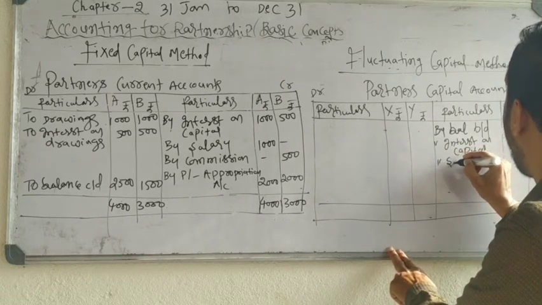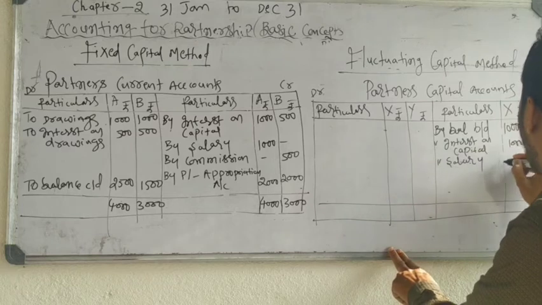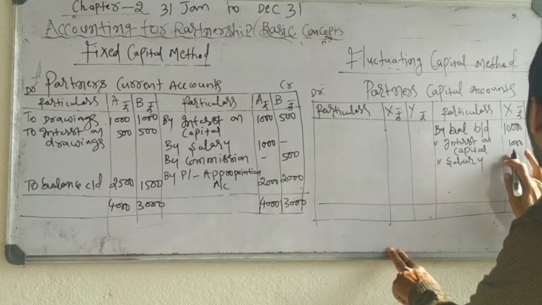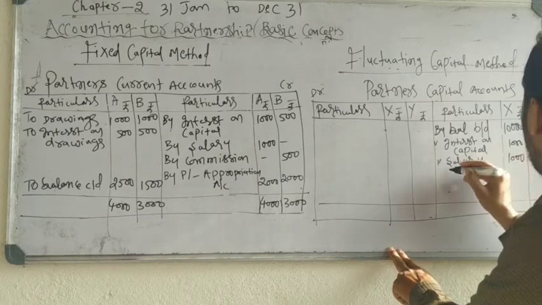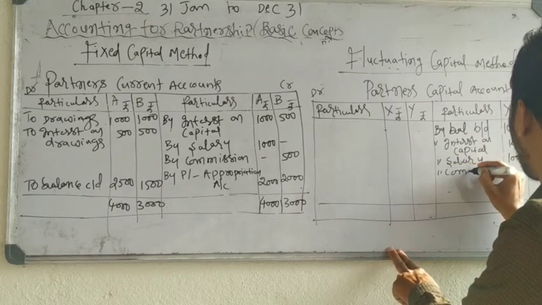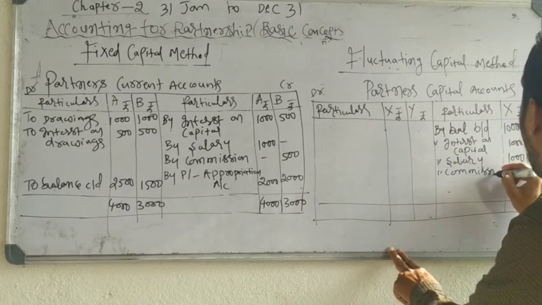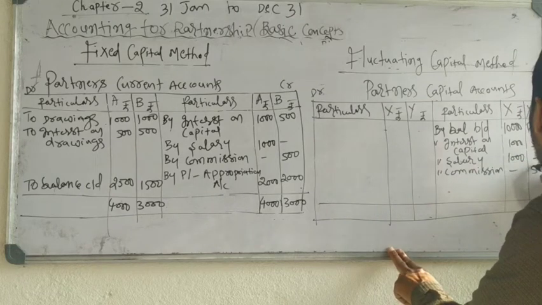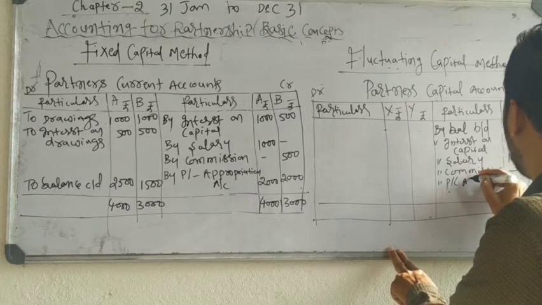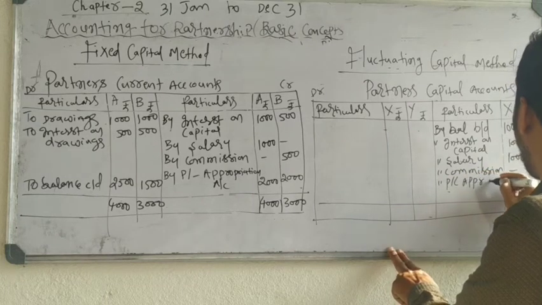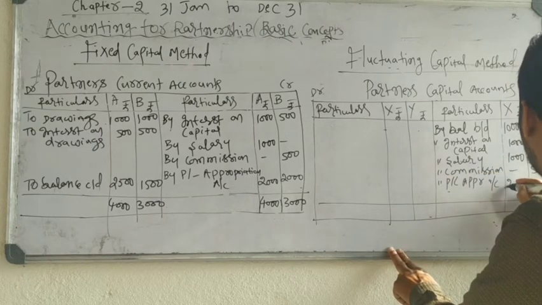Salary. For him, it is 1,000. For Y, nil. Commission. 500. Profit and loss appropriation account, 2,000.